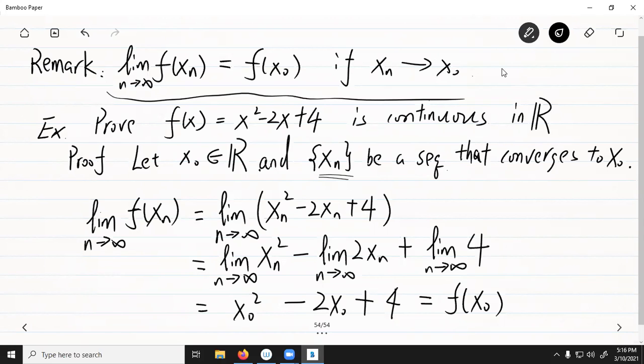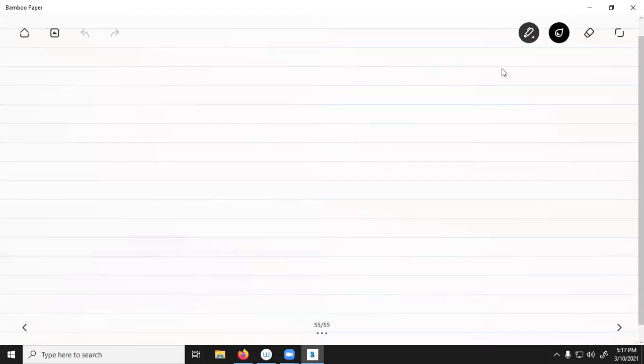So you should have one more sentence. So that tells you that f is continuous at x naught only, right?